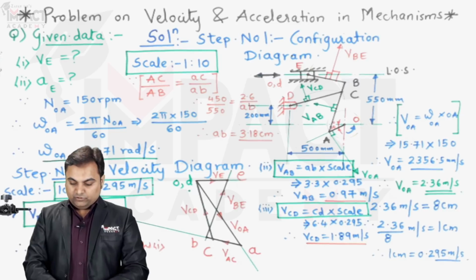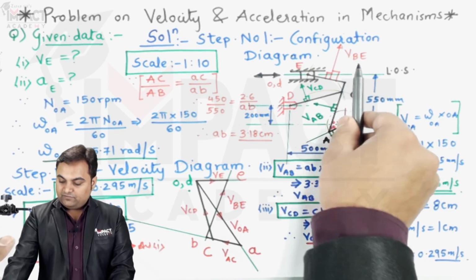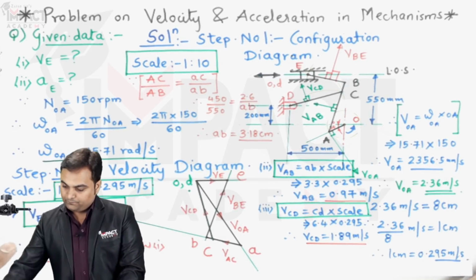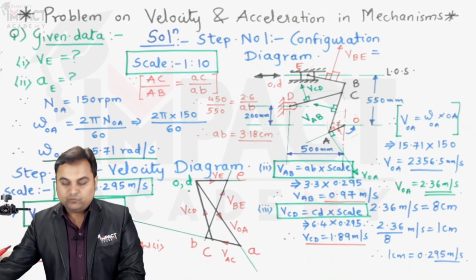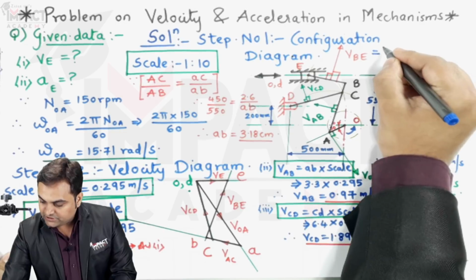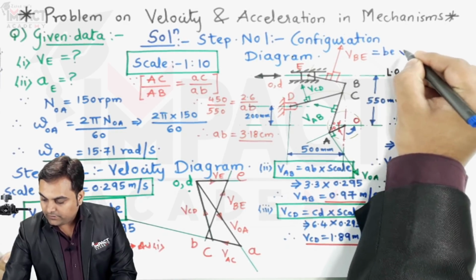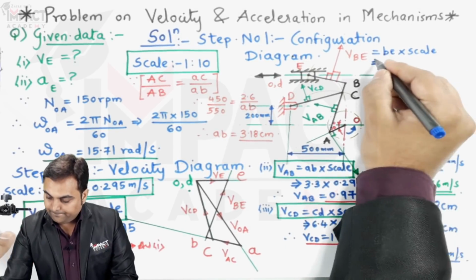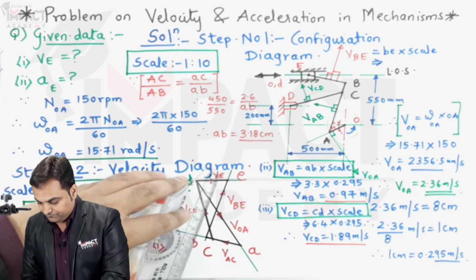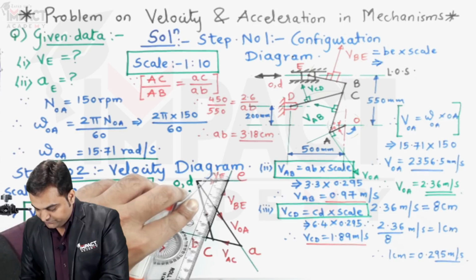Next, I'll be calculating the velocity of link BE, which is VBE, and I can write it over here. VBE would be equal to the small distance BE into scale. Distance B to E is shown by this velocity vector.